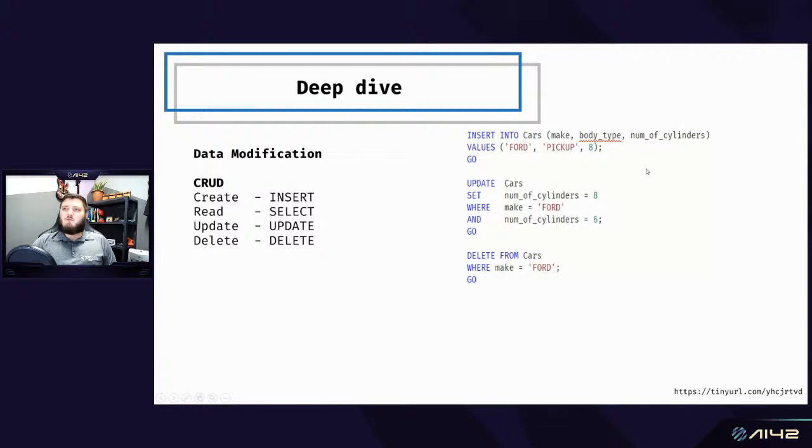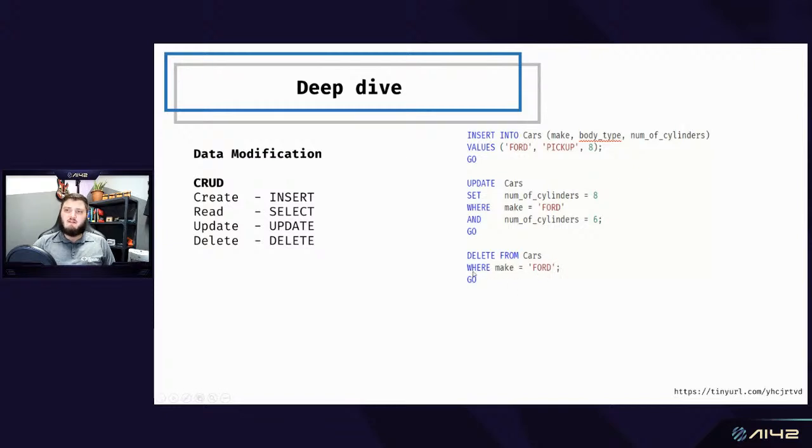And then afterwards, after we've gone through all of this, we realize, okay, we actually don't need Ford in our data set because it's not going to add value to whatever we're trying to prove. So you can tell SQL: delete from the cars table where the make is Ford.